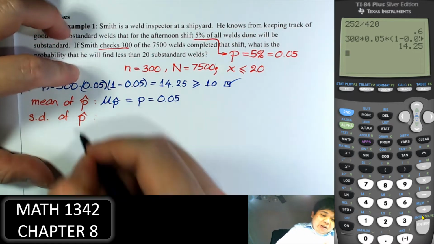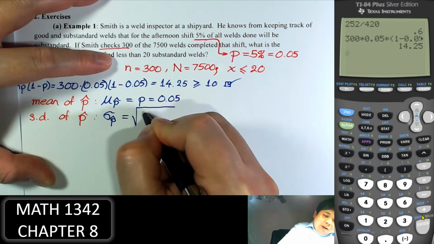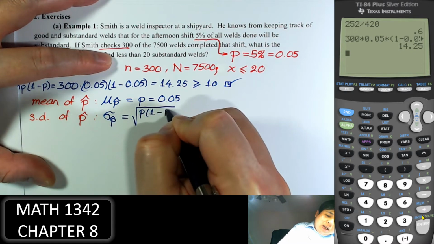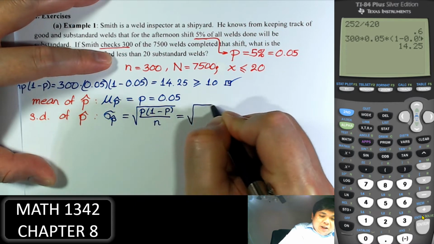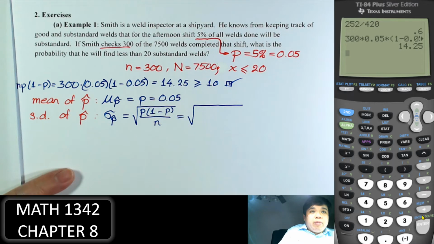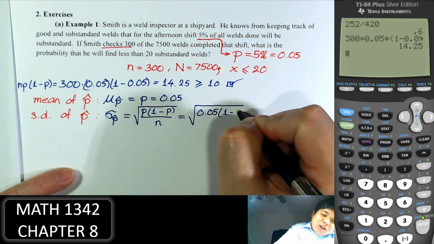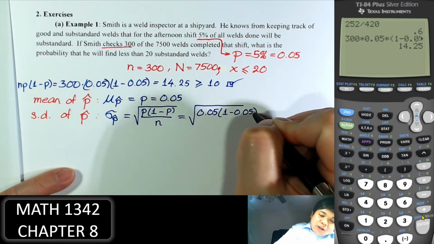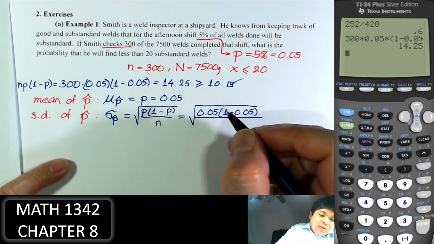And the standard deviation is the square root of p times 1 minus p divided by n. So 0.05 times 1 minus 0.05, divided by n, 300.